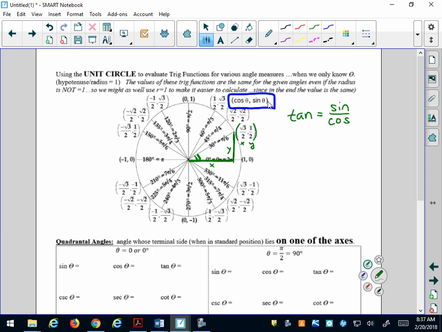Because if I ask you to find the sine of, let's say, 3 pi over 4, okay, so think, pi over 6, the sine is 1/2.